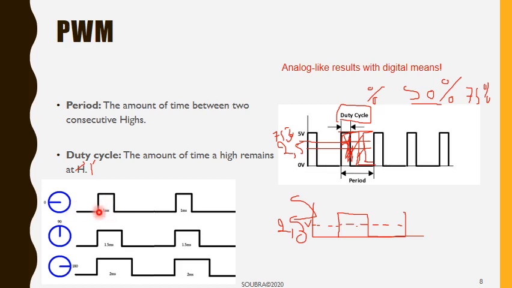So as an example, let's say a duty cycle of 25% means that your angle will be 0. Let's say 50% should represent a 90-degree angle, and then let's say 75% would represent 180 degrees. Fair enough?